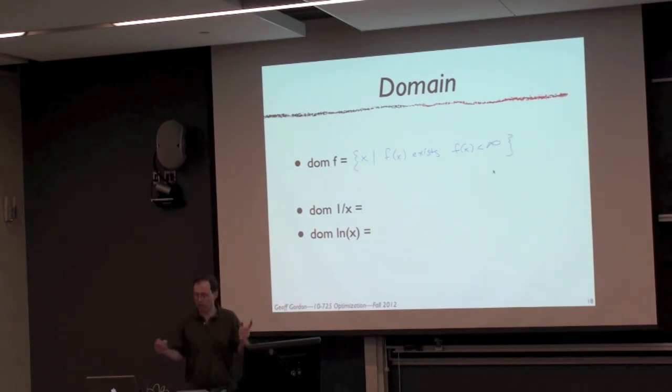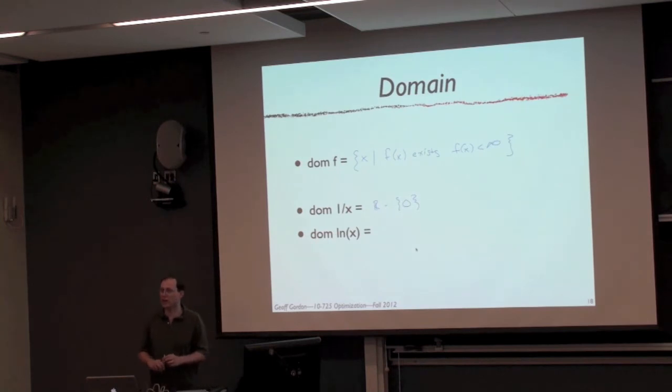So for example, the domain of the function 1 over x is not all of R, it's R minus the origin. The domain of log x, at least assuming we're doing the real valued version of log x, is x strictly greater than 0.